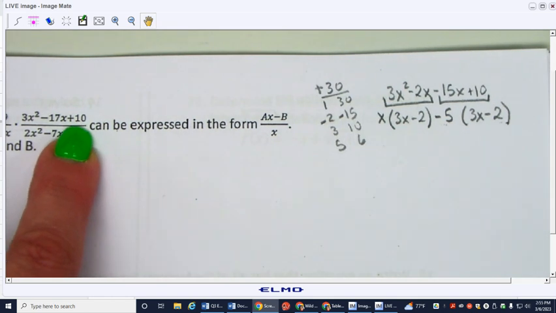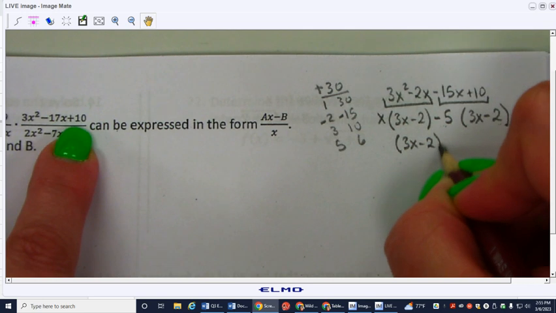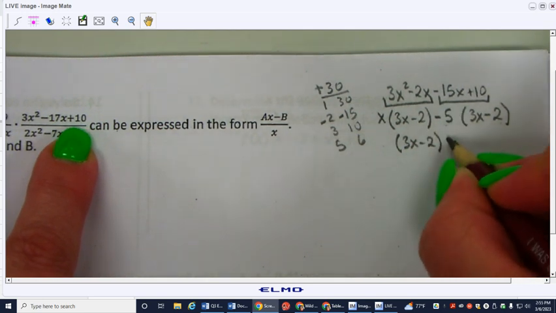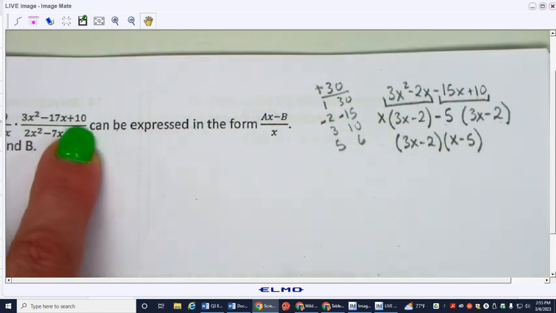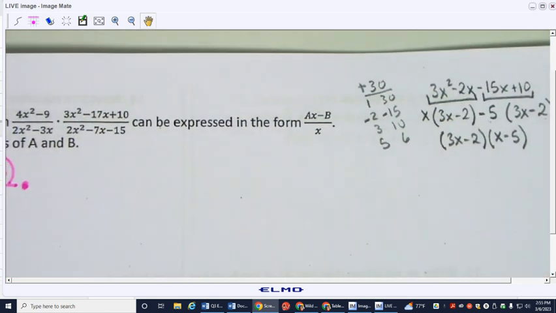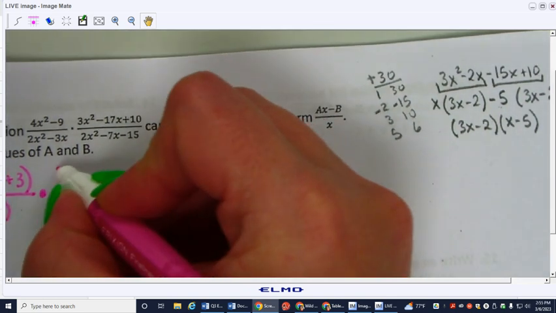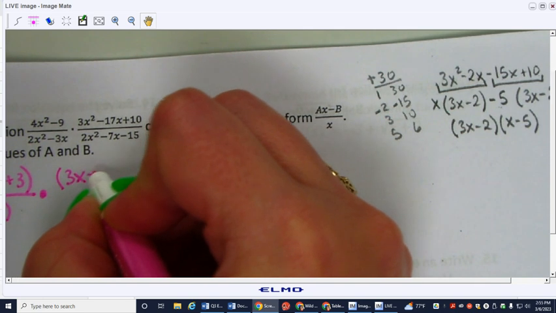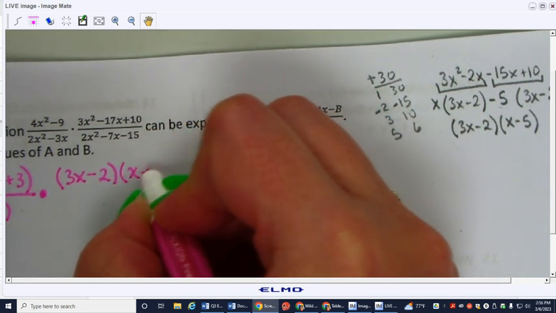So I can see they both have a 3x minus 2, and then I'm factoring out the x and the minus 5. So that's my numerator for the second fraction. It is 3x minus 2 and x minus 5.